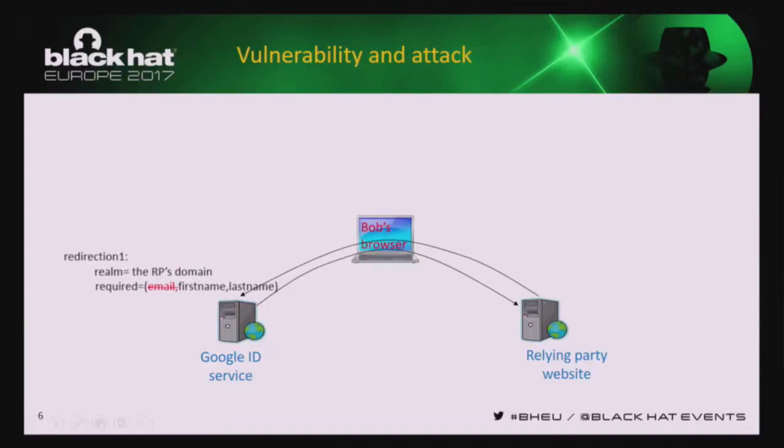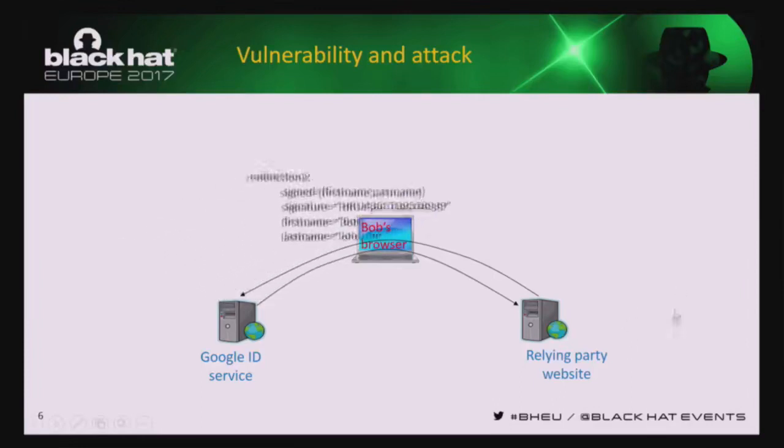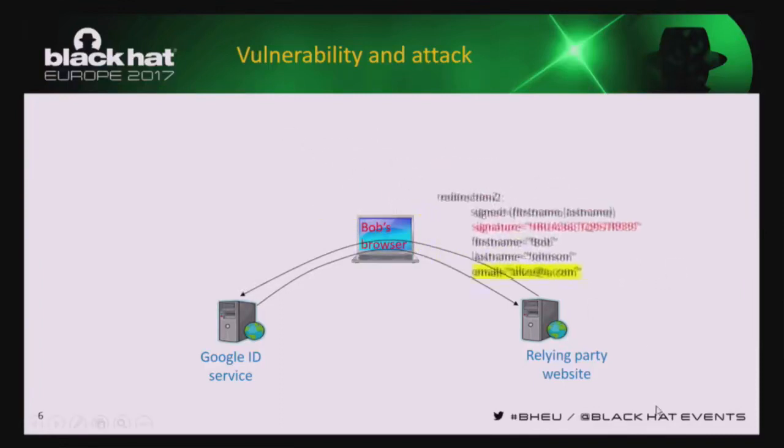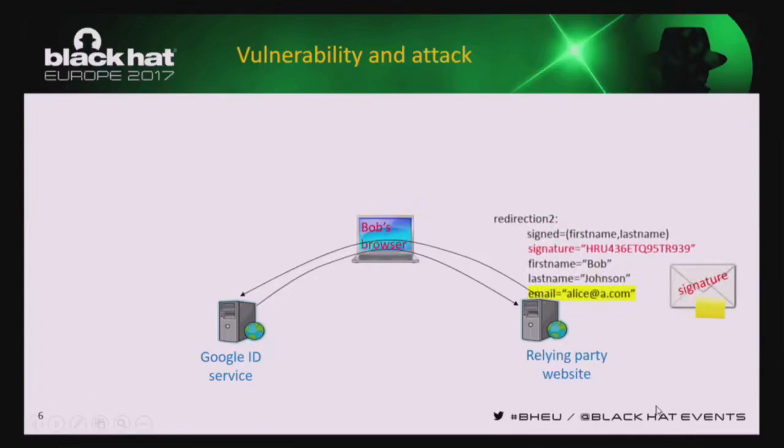Okay, so Google will respond with this sealed envelope, which only contains first name and last name. But now Bob just attaches another field called email equals alice@a.com. So think of this as a sealed envelope, and on top of that is a yellow sticker, which says alice@a.com.